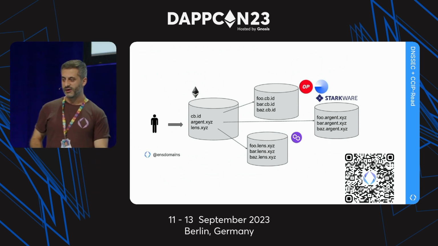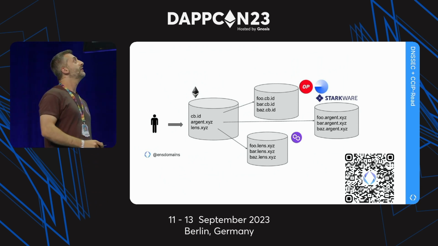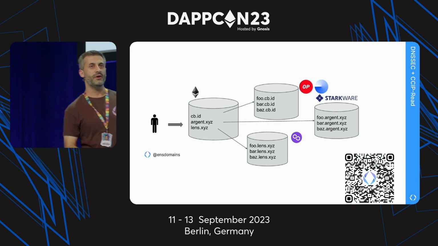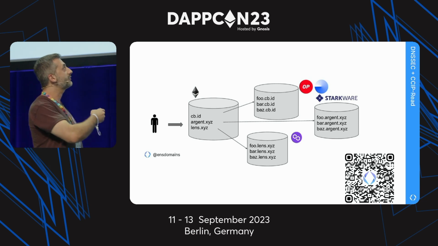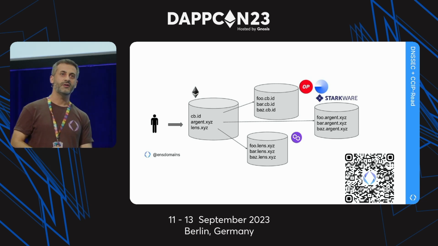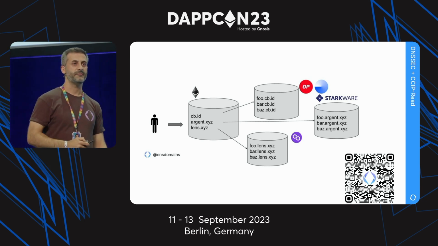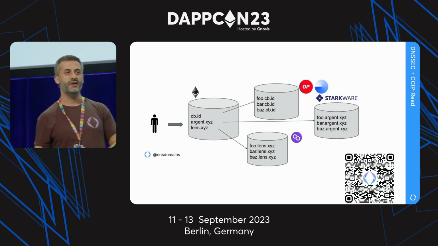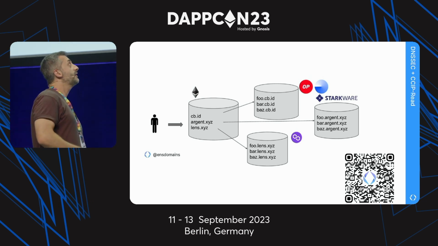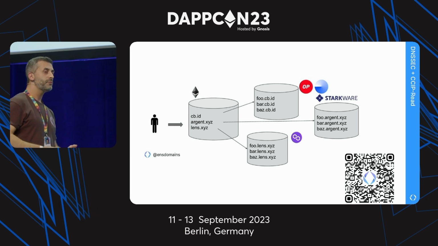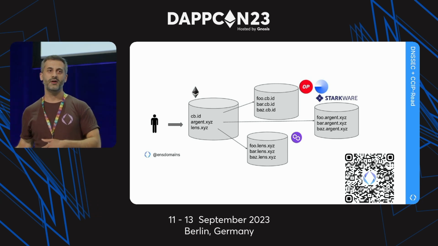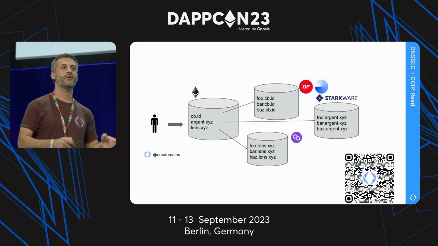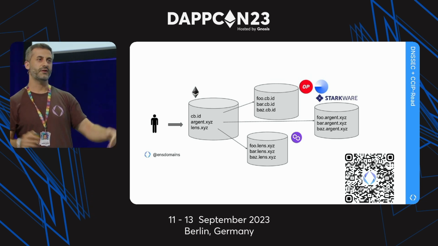And now something more familiar. If you have ever interacted with Coinbase or Lens or Argent, you are already familiar with subdomains and how they provide handles to their users. Our ultimate goal is scaling to L2s and enabling those projects to keep all those records in other layers.